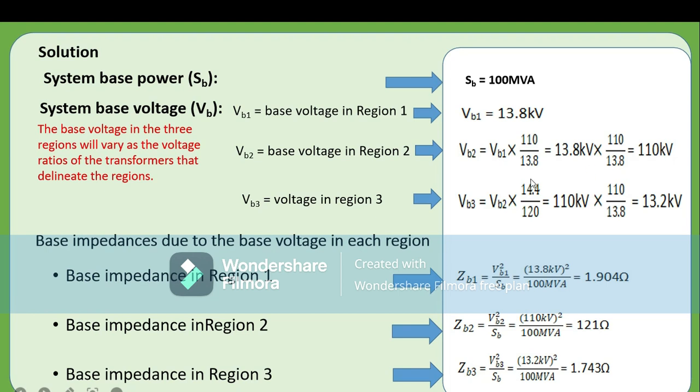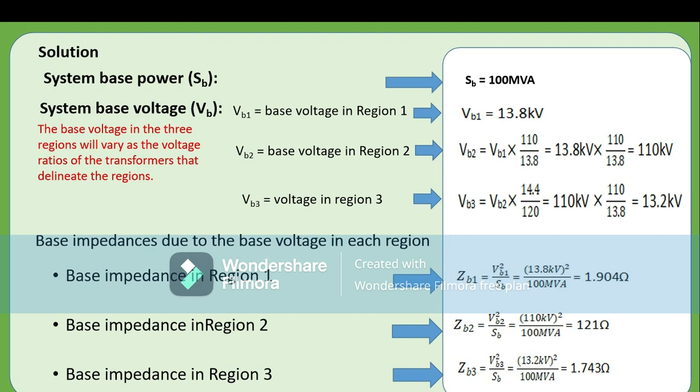This 110 kilovolts comes into region 3. When it's coming down to region 3, it will be transformed based on this transformation ratio to the voltage that should be there. So we have 110, which is this voltage multiplied by this ratio, and we are going to have 13.2 kilovolts. So you see that the voltage in region 3 will be different.